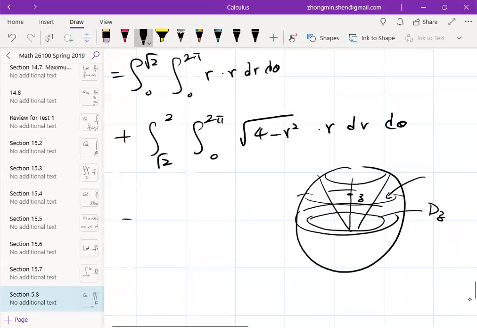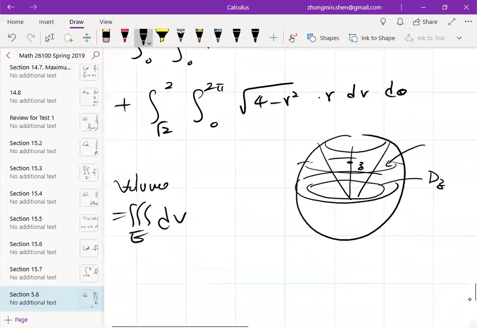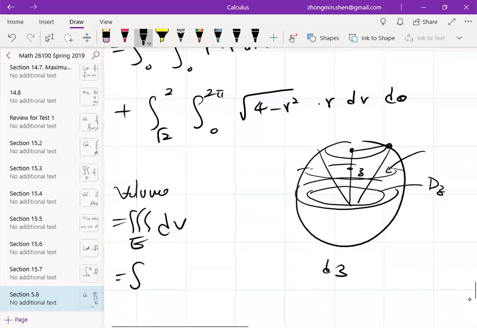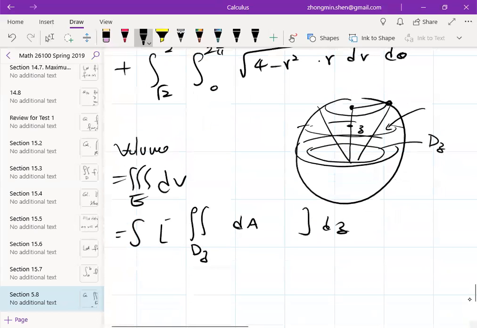Then this triple integral is going to be z between 0 and the highest point, so you need to figure out what the top z is. So it's going to be the integral dz, then you have a double integral, whose region is determined by the value of z, dA. That's another way to evaluate this triple integral.